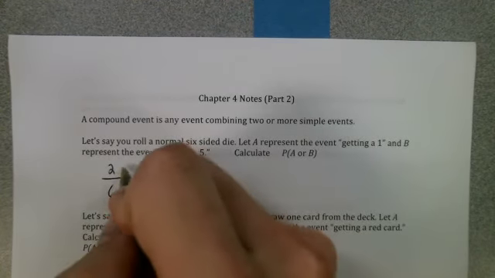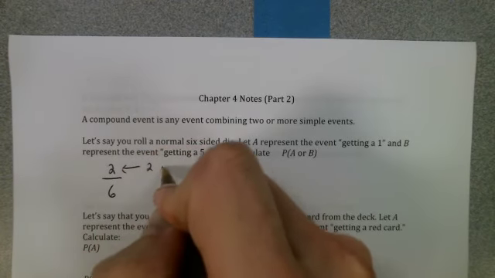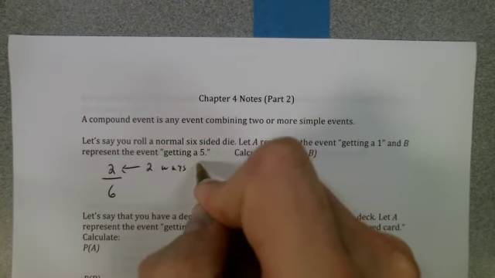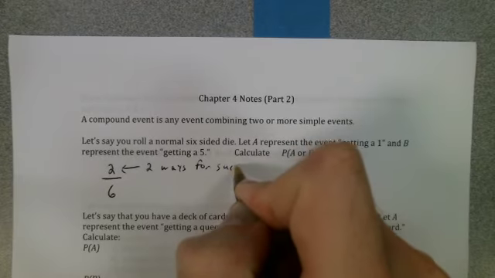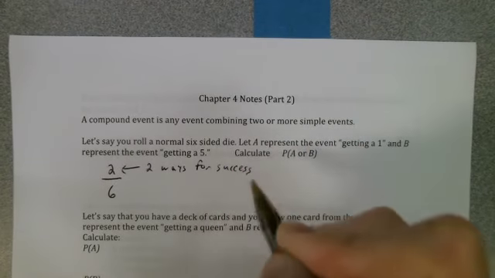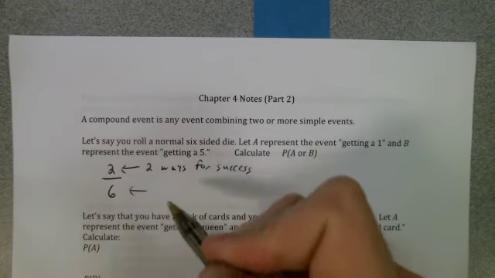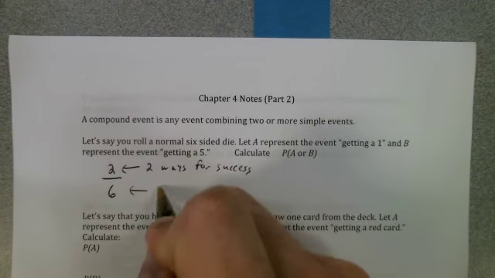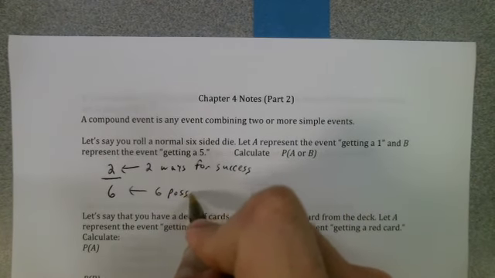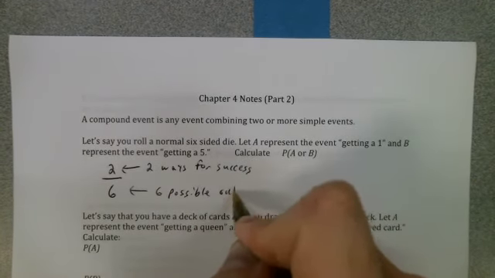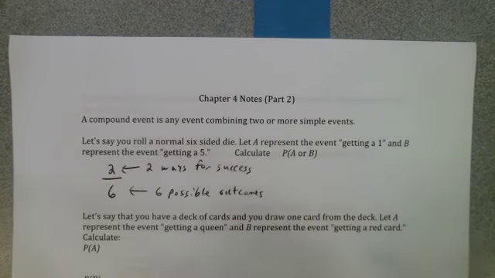The reason is there are two ways for success, two desired outcomes, out of 6 total things that could happen. So 6 possible outcomes. So the probability here is 2/6, or you could change it to 1/3.